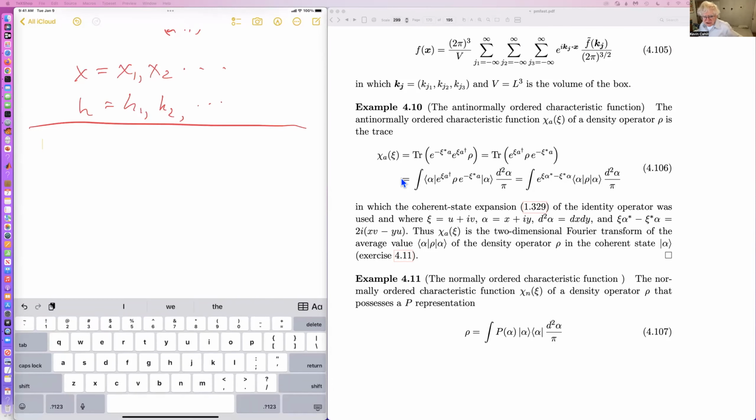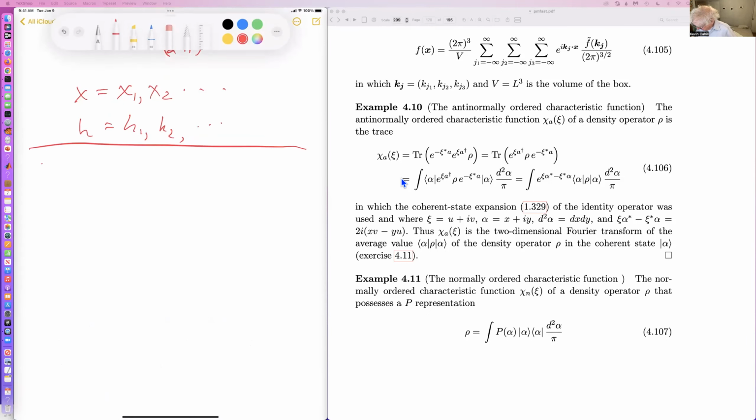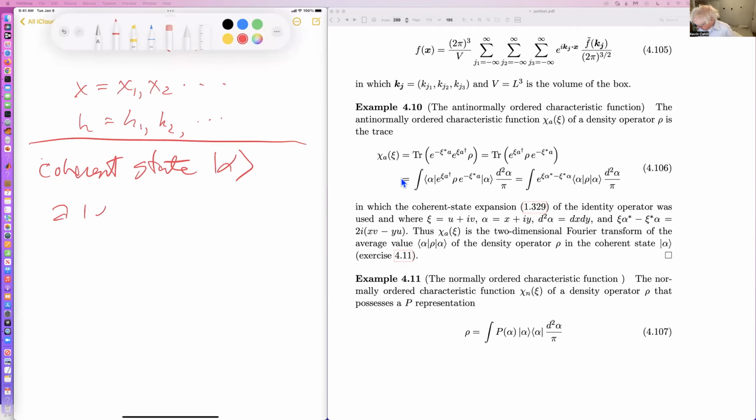What I perhaps forgot to emphasize to you is that a coherent state, these are in the notes on chapter 1, alpha is an eigenstate of an annihilation operator with a complex eigenvalue. And so the reason why this thing works here is that e to the minus c star a on alpha is just e to the minus c star alpha.